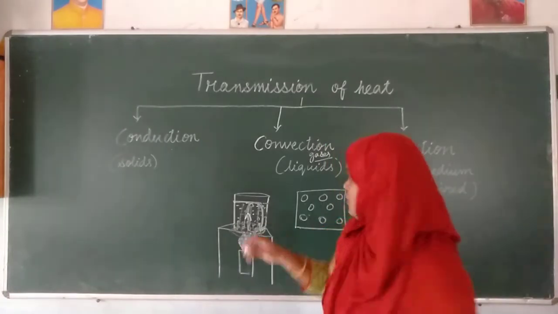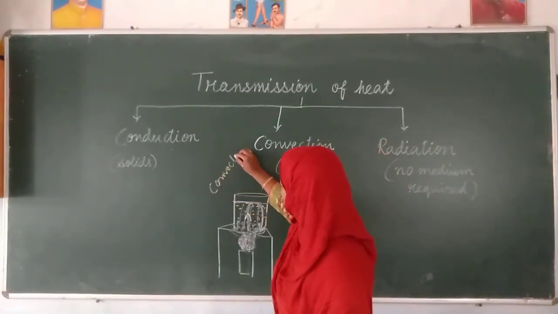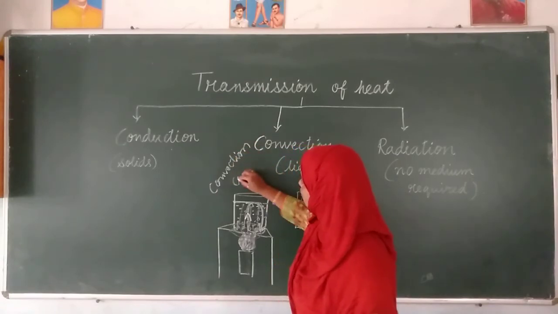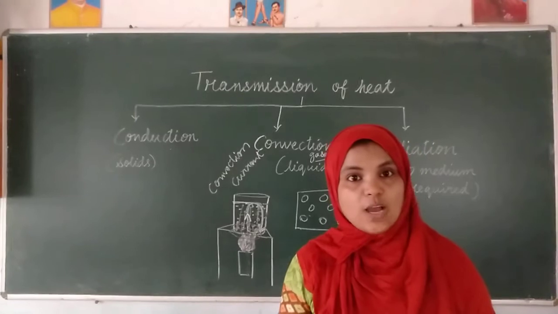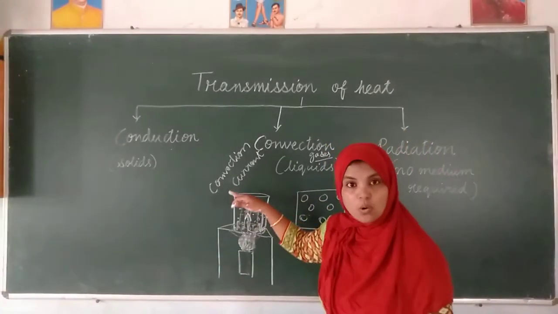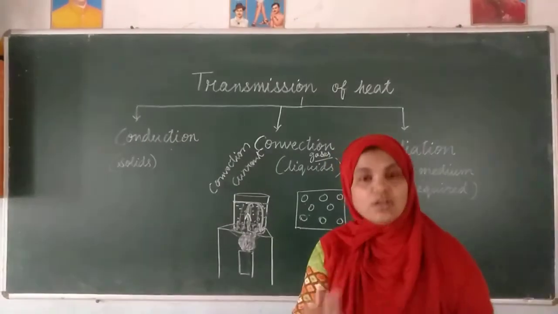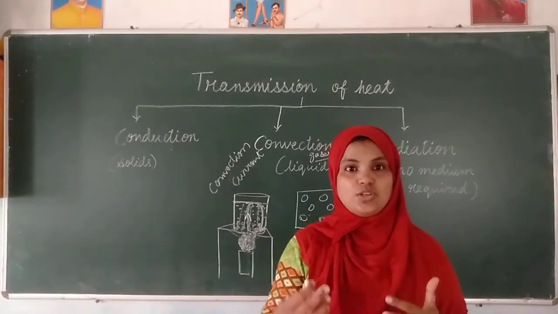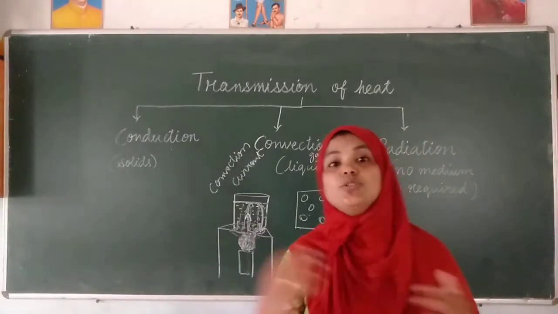Did you understand? So this cycle is called the convection current. Current means to flow. So convection current is that cyclic movement of the molecules because of which the heat is transmitted from one molecule to the other.